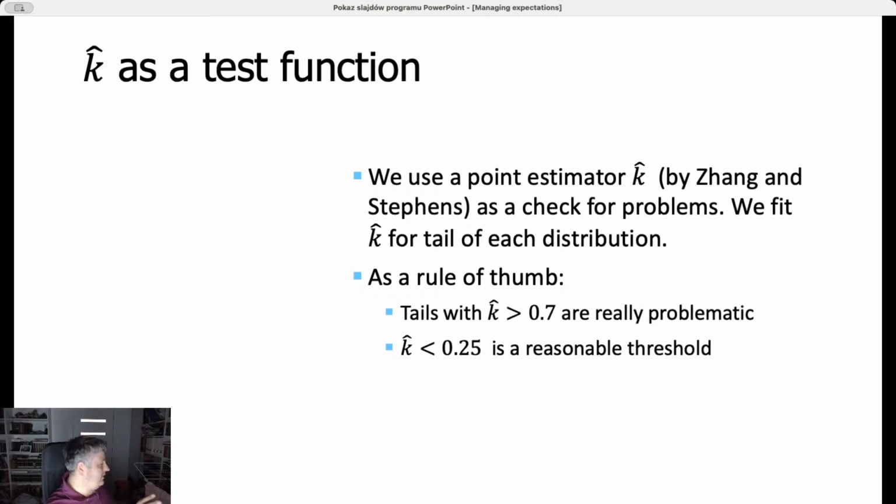We use tools from classical statistics as a test function. This is a point estimator k hat, the estimator of the coefficient k of the Pareto distribution.